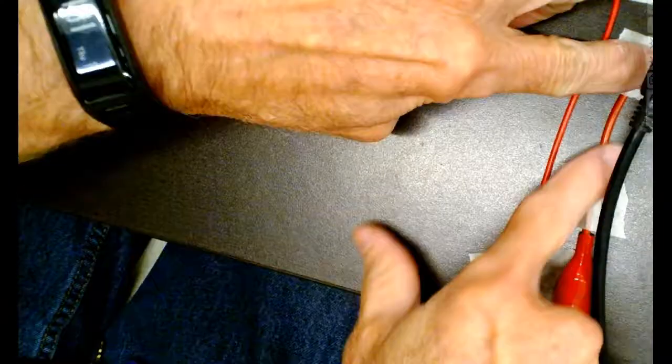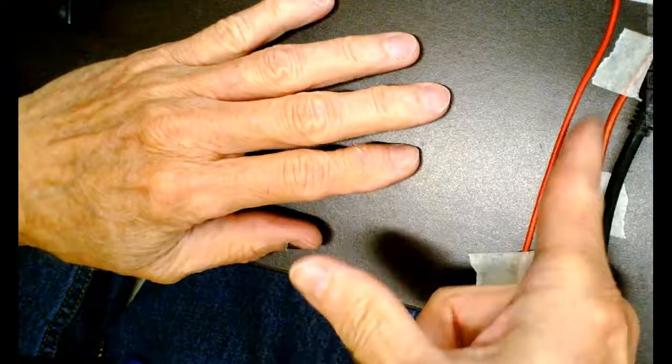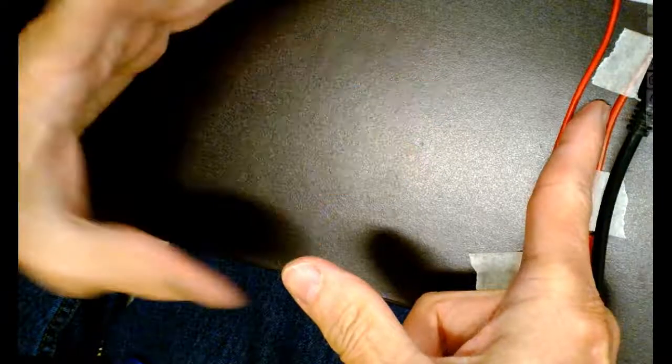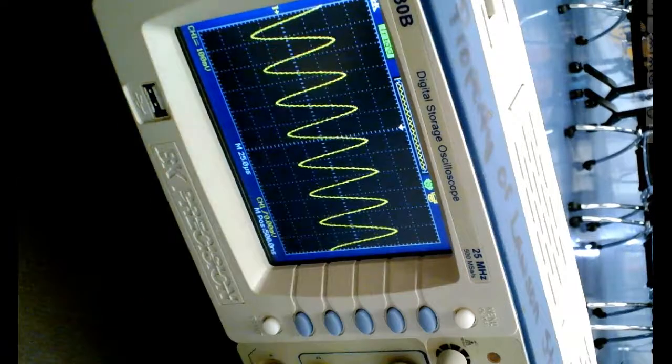My commons are not even connected together. They're out here in air. So I've created a capacitor. So this is a plate. This is a plate, right? You understand? And what am I using as a dielectric? I'm using air. So when I come over here and look at my oscilloscope, I'm looking at one of the plates. So I am transferring this information through the air.